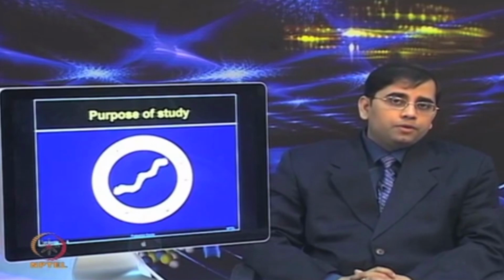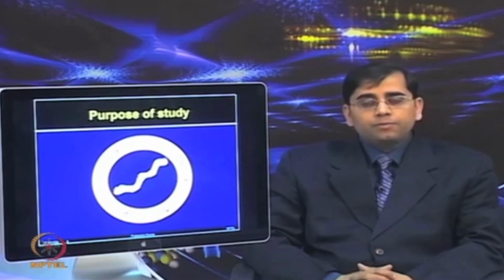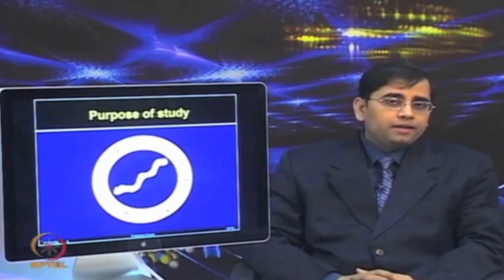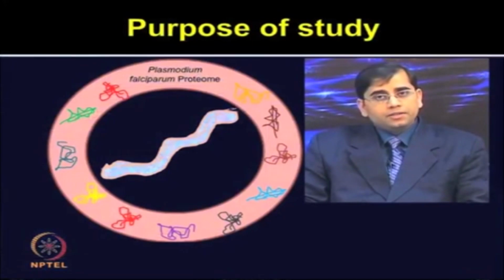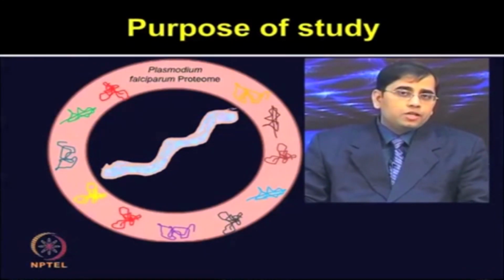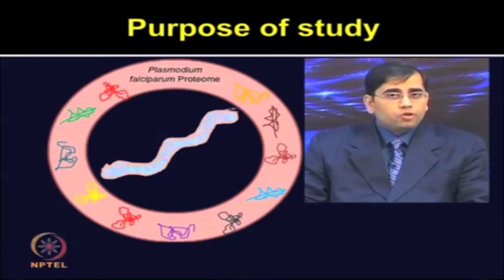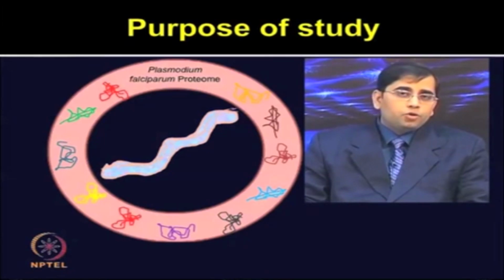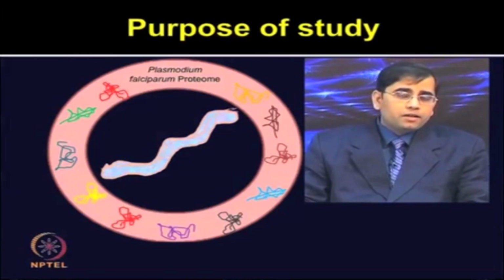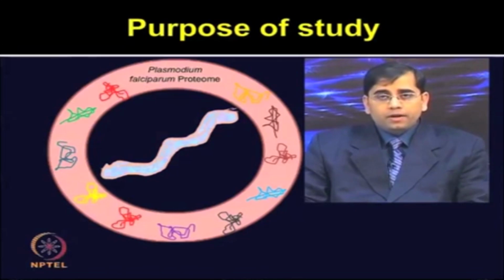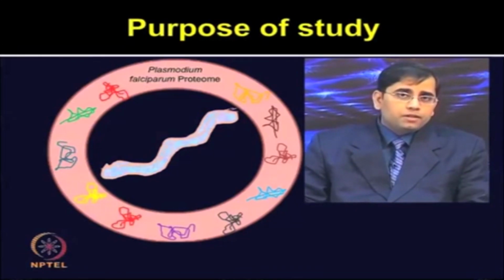And authors tried to look for the alterations in the parasite proteome which were induced by each of these drugs. To obtain insight into the proteomic alteration, they separated the proteins on two-dimensional electrophoresis gels and compared the response of these proteomic alterations based on these two drugs, and then they identified certain proteins which were either commonly expressed due to these drugs or differentially expressed due to these drugs.